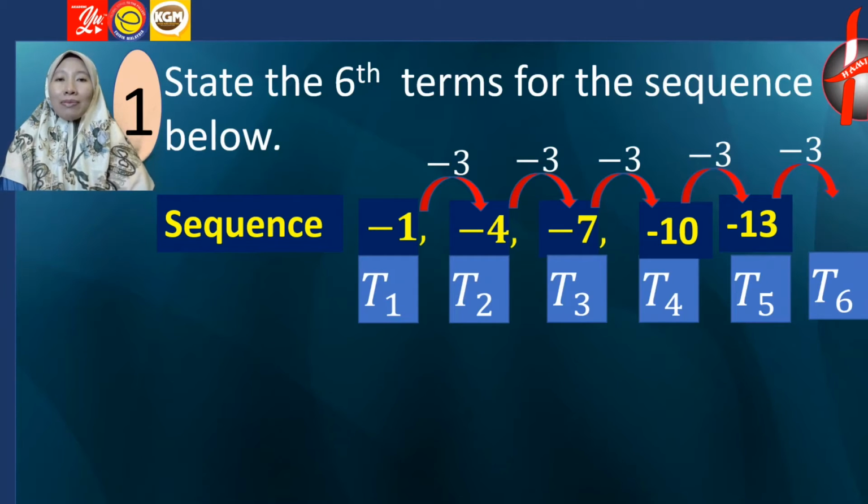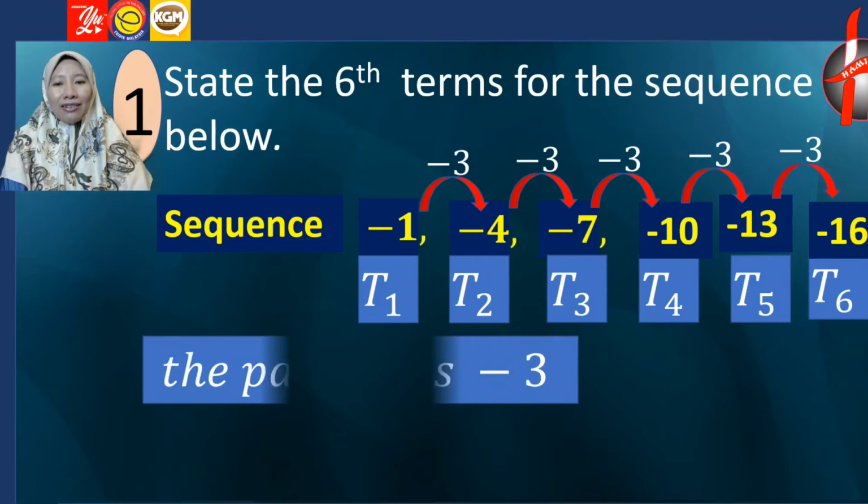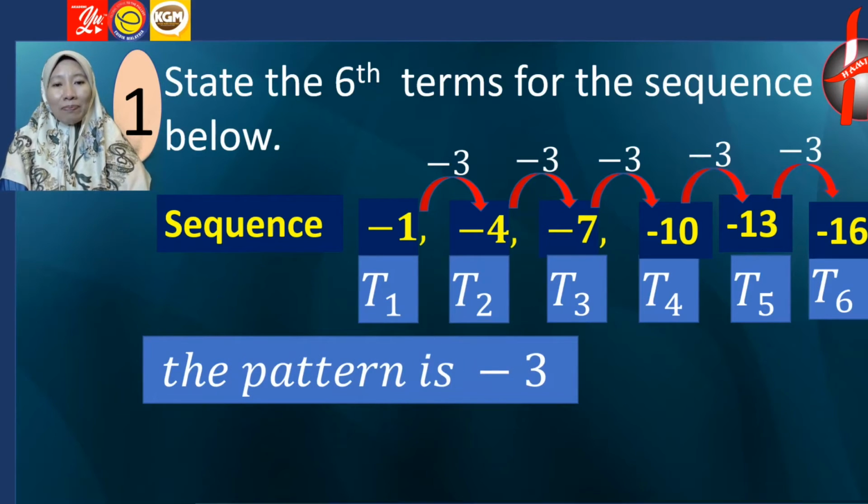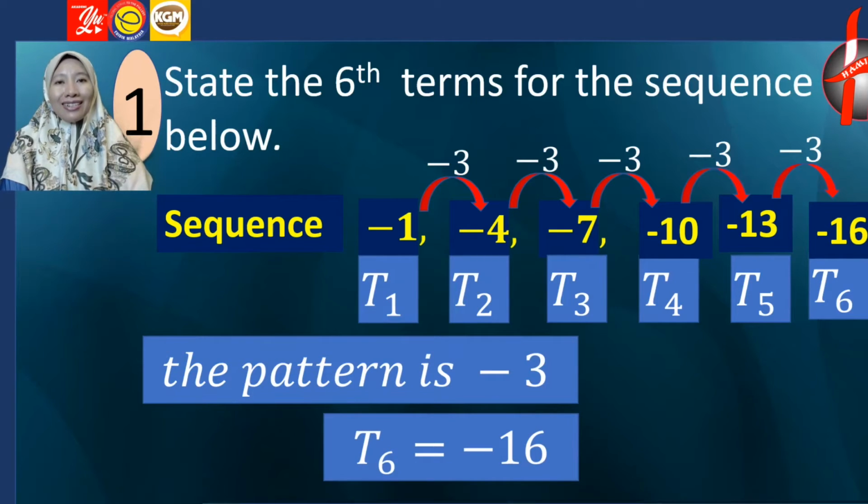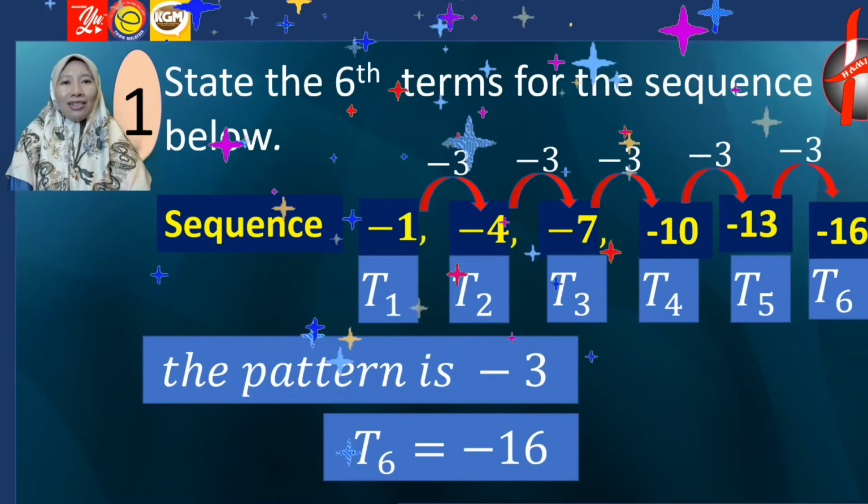So terms number 6, the value is -16. Right, the pattern is subtract 3 and the terms number 6 is equals to -16.